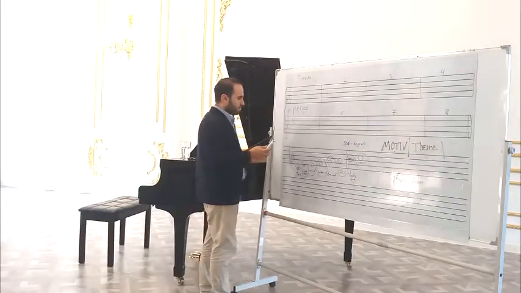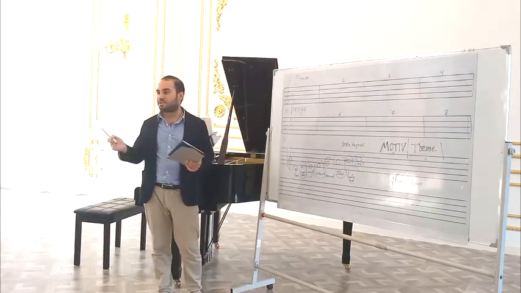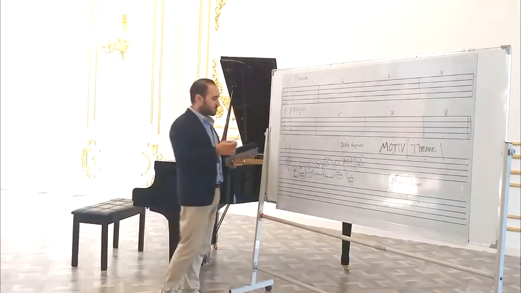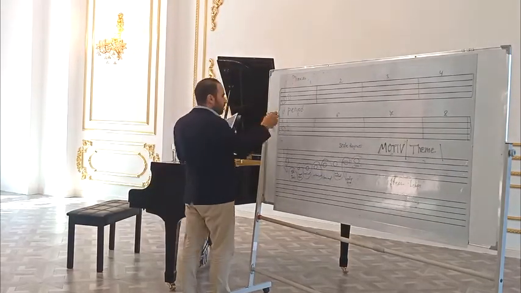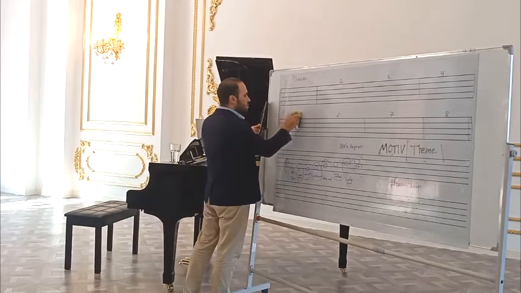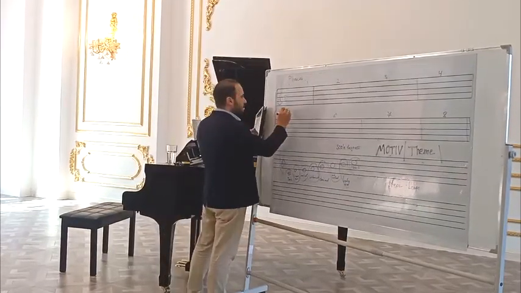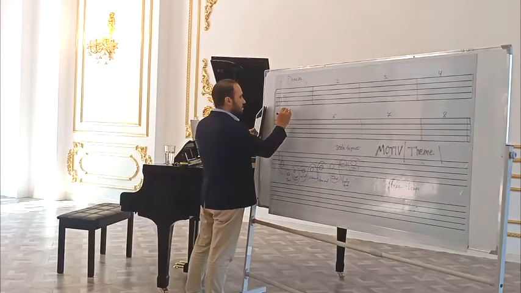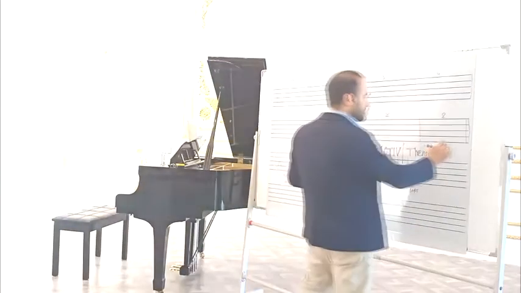For example, as I told you before, when music starts and ends, you can use a tonic. So here we can use a tonic. We will not use the notes yet, just tonic. And also we can put tonic here.